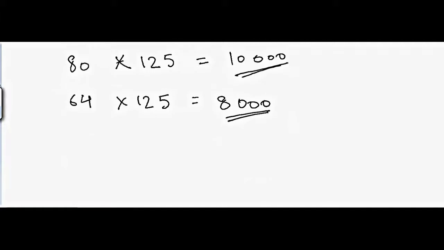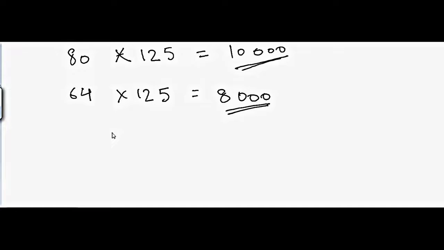And let's take another example, 128 by 125. So in this case, we know that 128 divided by 8 is 16, and then we put 30 in the end, so that is our answer.